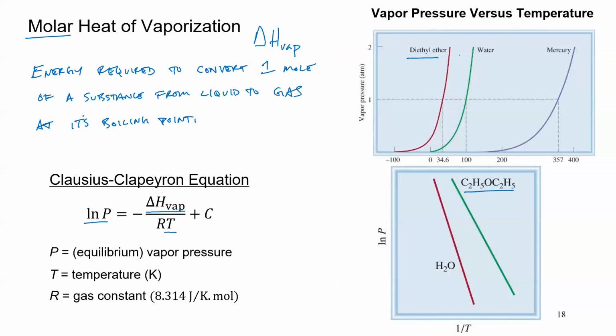It's not my textbook. If we look at this graph of natural log of P versus 1 over T, you'll notice that this is the Clausius-Clapeyron equation.